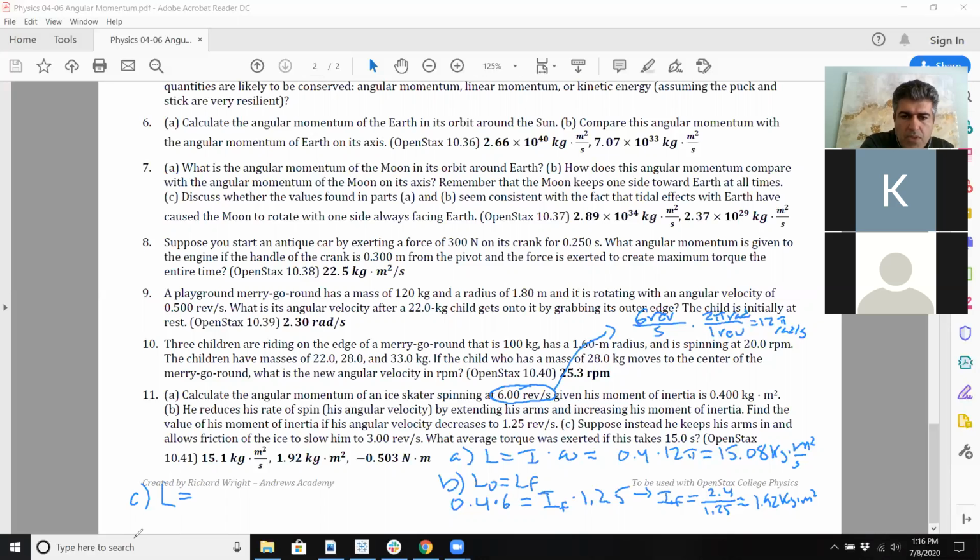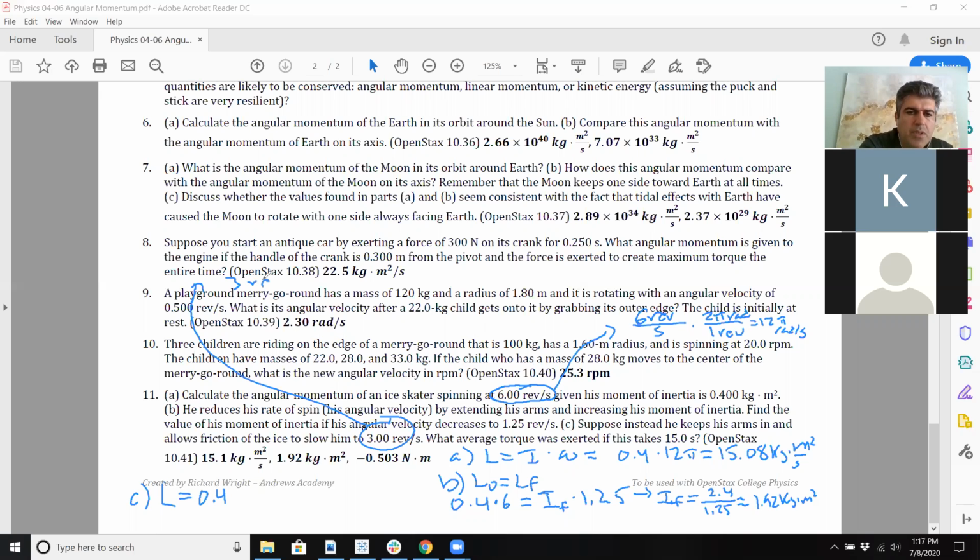Or actually, let me think about this one here. Yeah, so you can use the same inertia, 0.4, times the new velocity, but you do have to convert that.